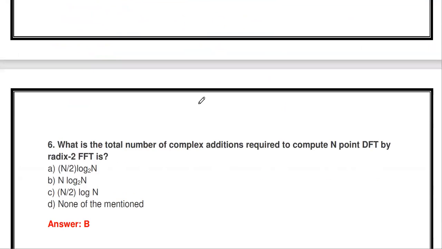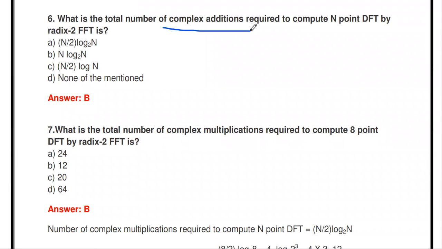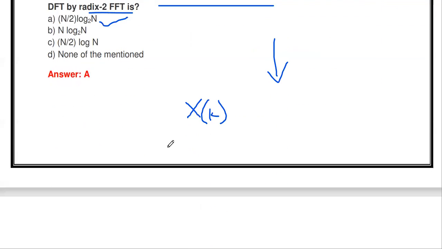Okay, then the next question is: what is the total number of complex additions required to compute an N-point DFT by radix-2 FFT? In the previous question, the number of multiplications formula is n by 2 log n to the base 2.